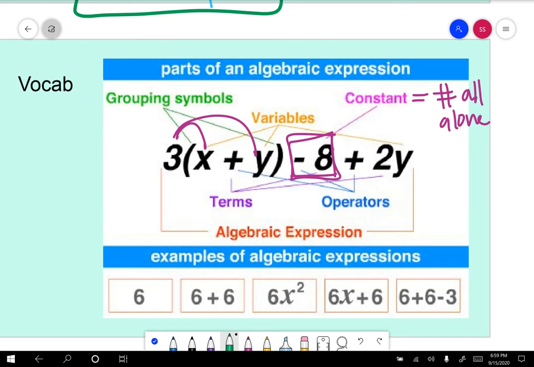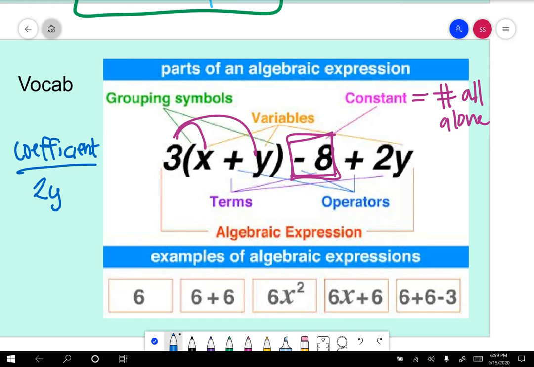The other term that I wanted to add is called a coefficient. I'm actually surprised it's not on here. Thinking maybe I just missed it, but it's not. Okay, so let's say we have the term 2 times y.